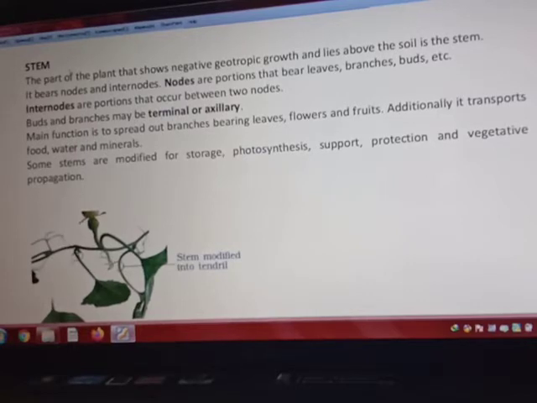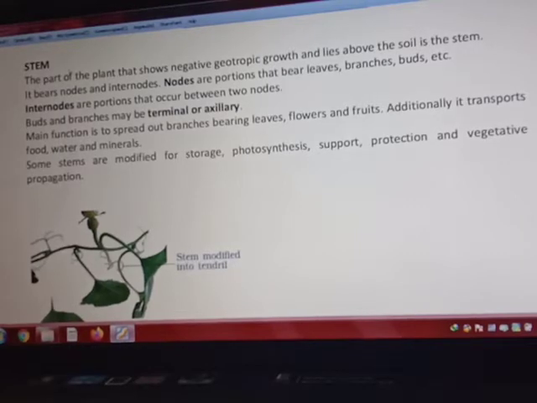It means root grows on the lower side of the soil, so the hypocotyl also helps in the growth of the root. And on the other side, epicotyl. Epi means above, so from the above side of the soil, growth of the stem takes place, which means the epicotyl helps in the growth of the stem.